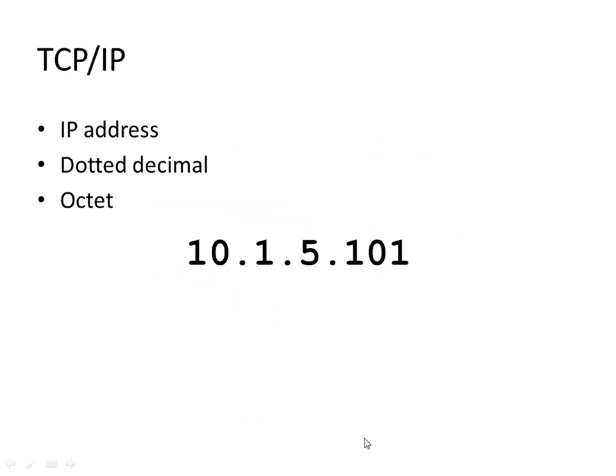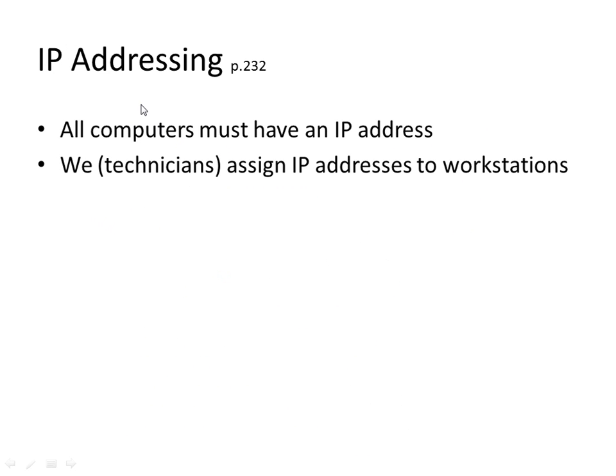So an IP address is a number which is written in dotted decimal notation, such as 10.1.5.101, and each one of these values is called an octet because it's made up of 8 bits. In IP addressing, all computers must have an IP address, and it's our job as technicians to assign an IP address to every workstation and every server.